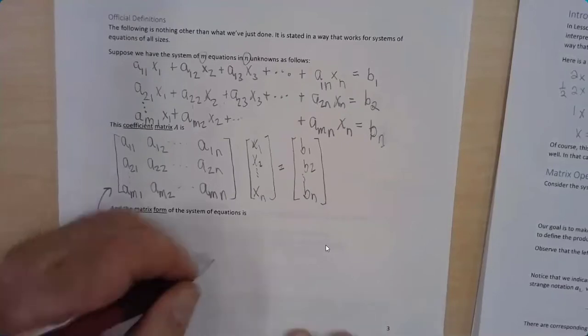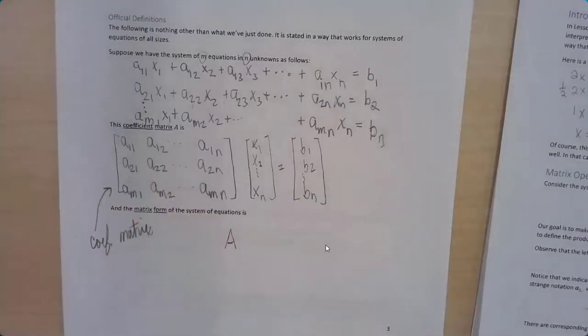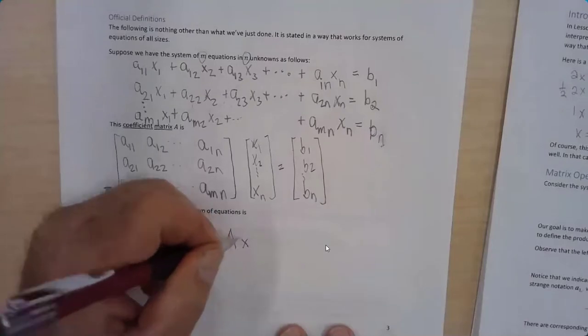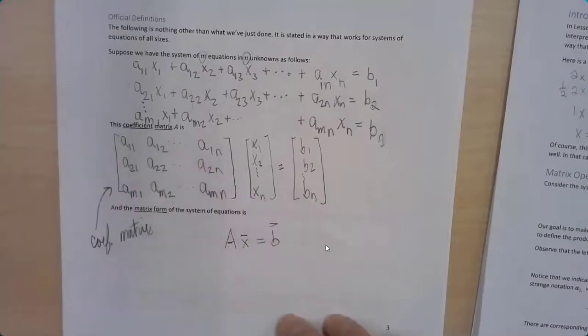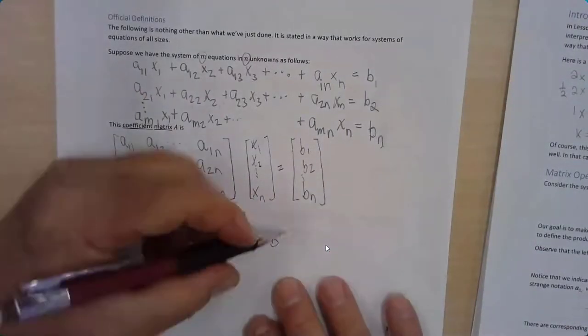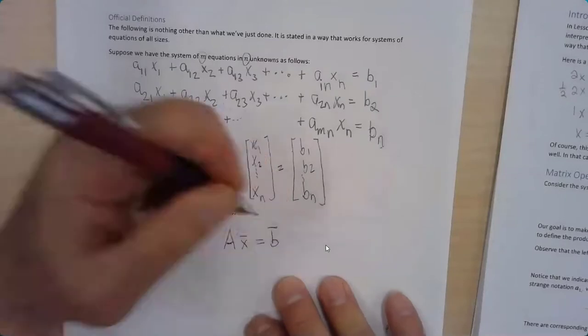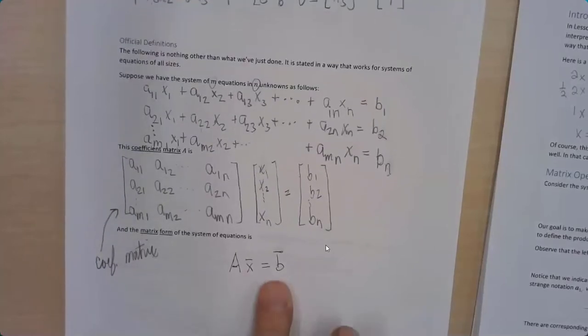Traditionally, we use capital letters to indicate matrices. You don't actually have to, but it's the tradition. So this is A times the vector X equals the vector B. Okay, so that's the matrix-vector form.